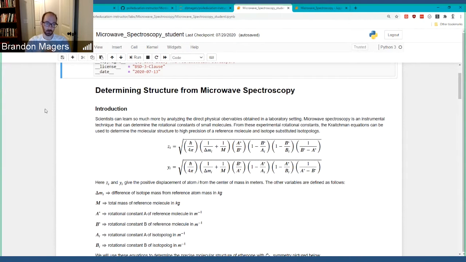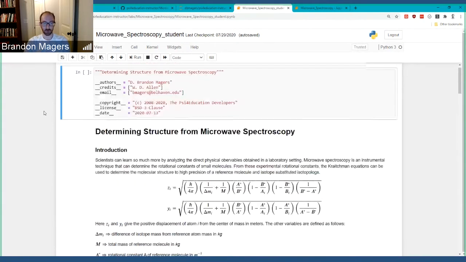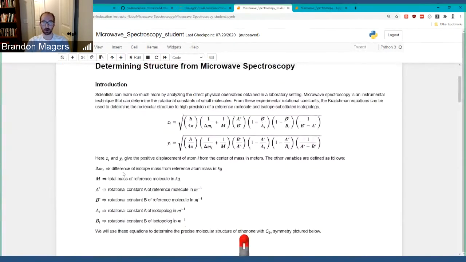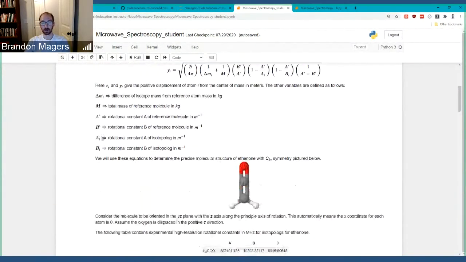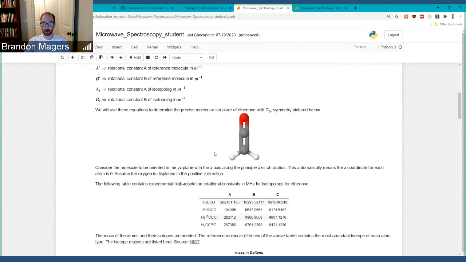constants. The lab first walks through a little bit of background, defines some variables and some equations, and this particular lab uses a simple planar molecule with C2V symmetry.